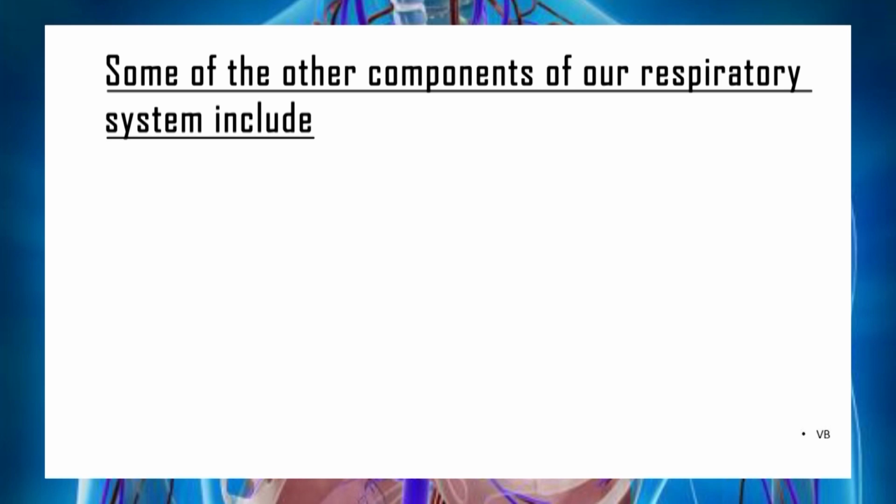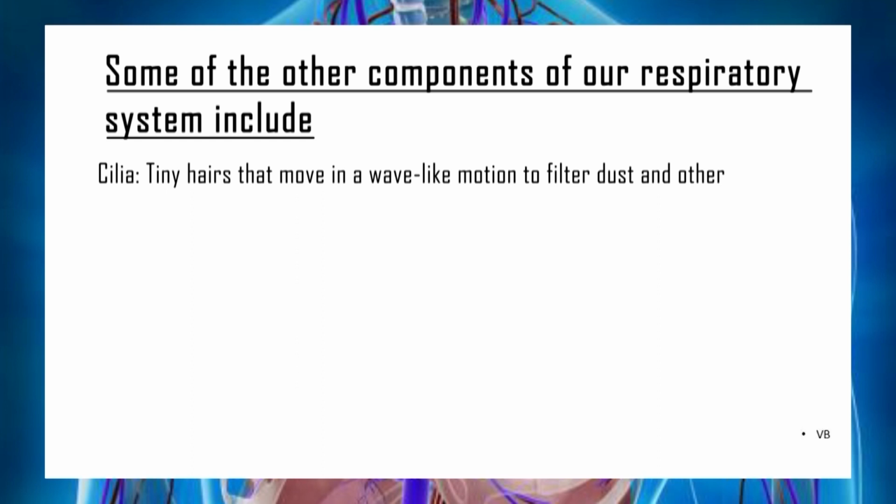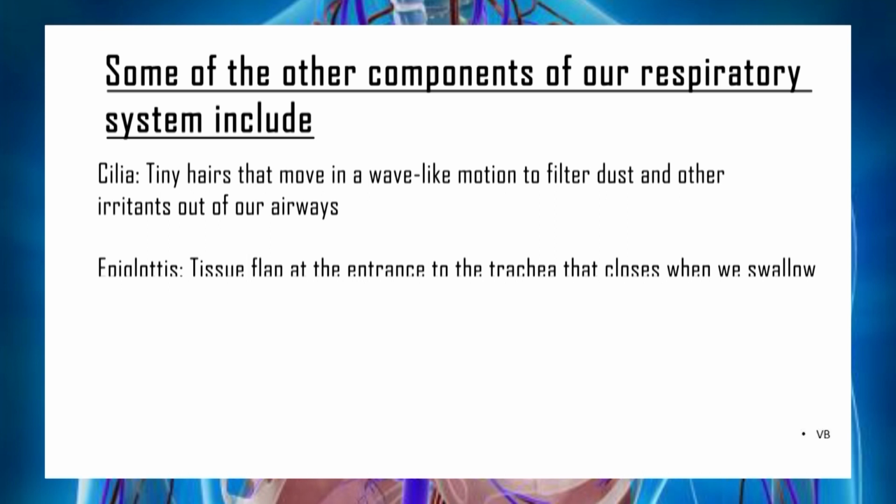Some of the other components of our respiratory system are cilia. Cilia are the tiny hairs that move in a wavelike motion to filter dust and other irritants out of our airways.